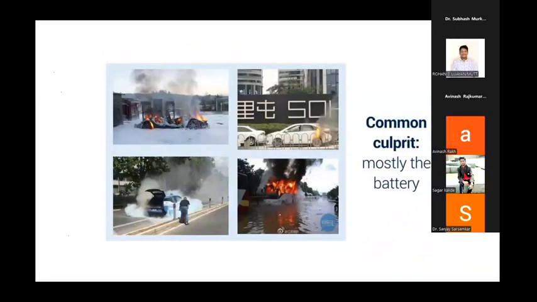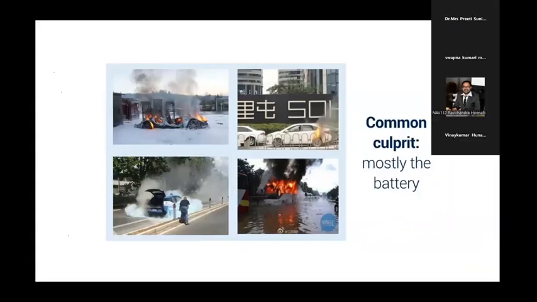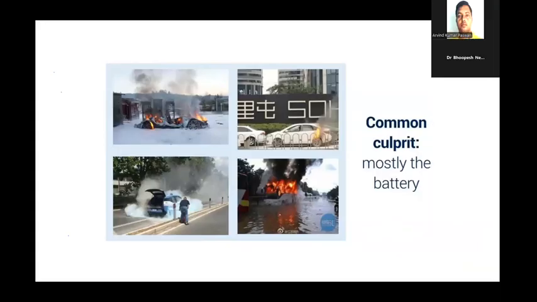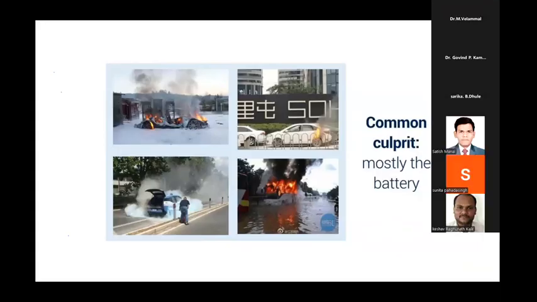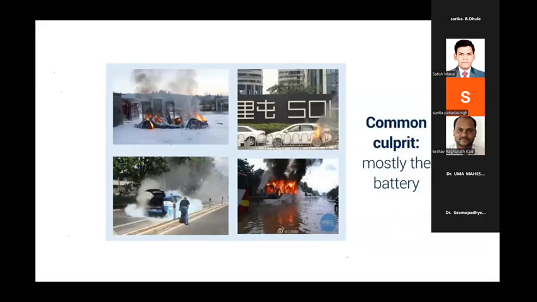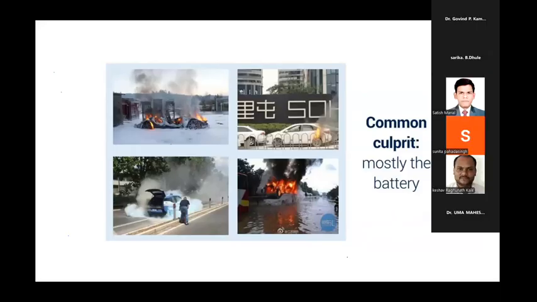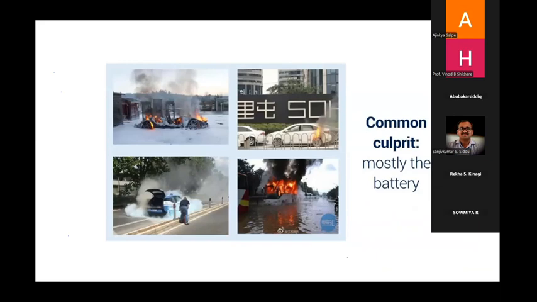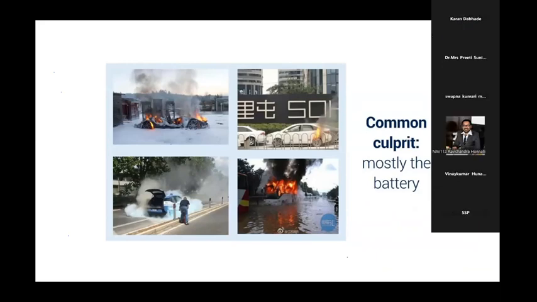Again, on the topic chosen for this first session, we have seen many instances and incidents of explosion in electric vehicles, whether two-wheelers, three-wheelers, or four-wheelers.